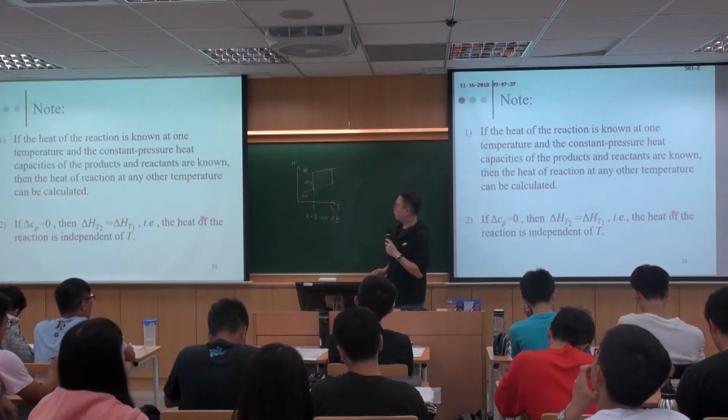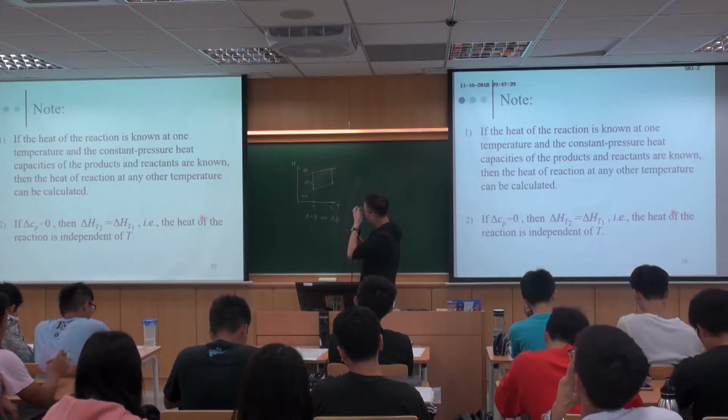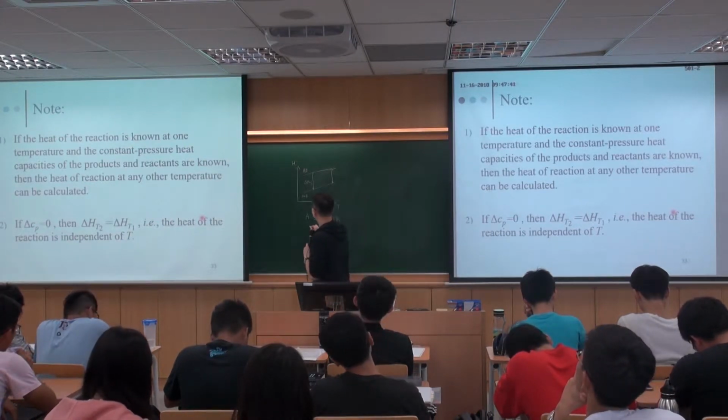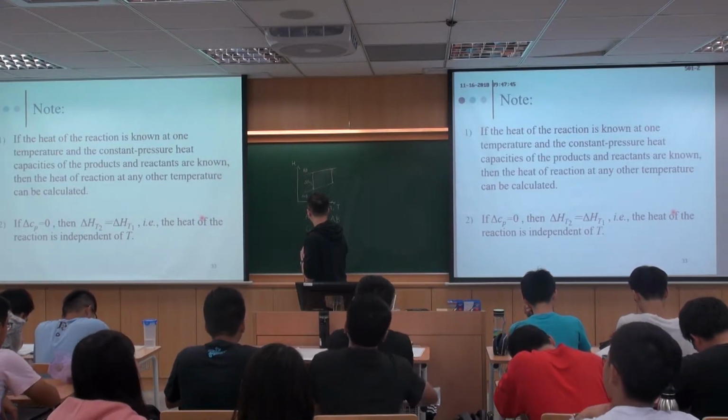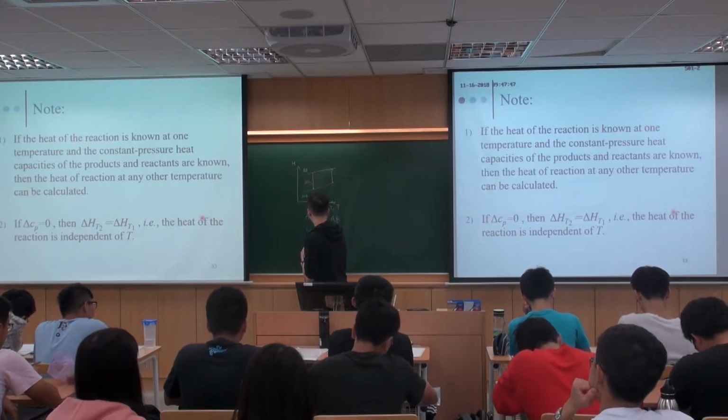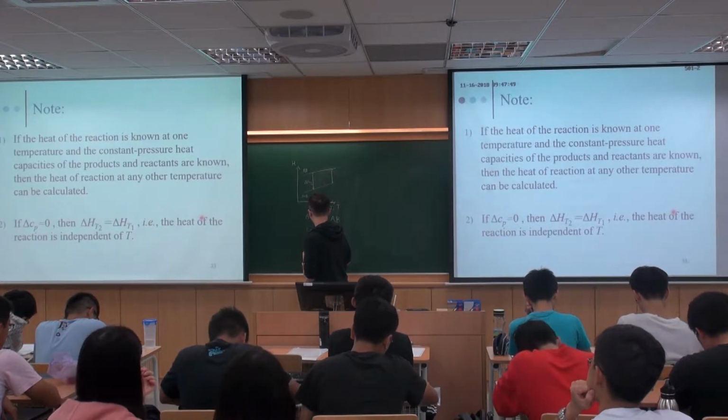Then typically, several pieces of information will be given. We'll know Cp of, say, A, Cp of B, and Cp of AB.